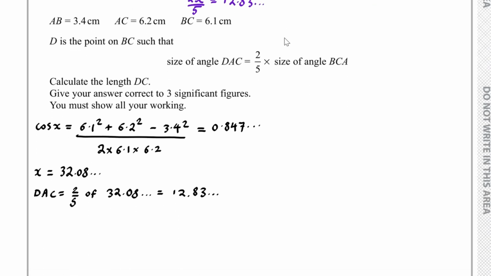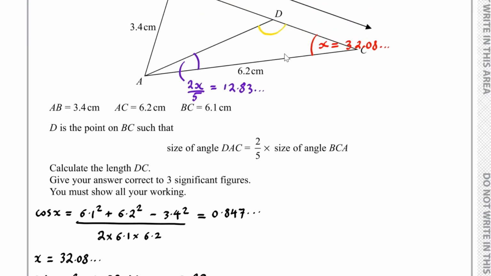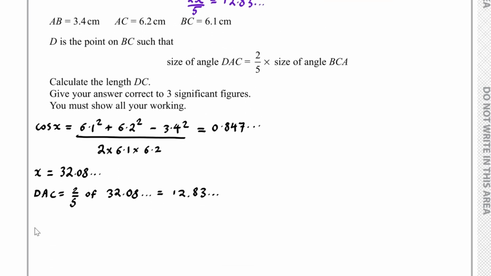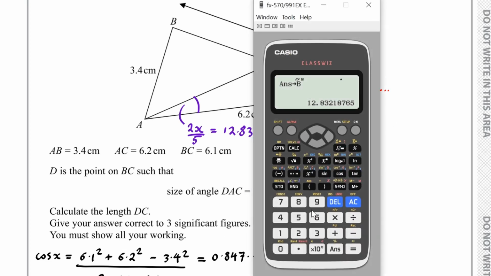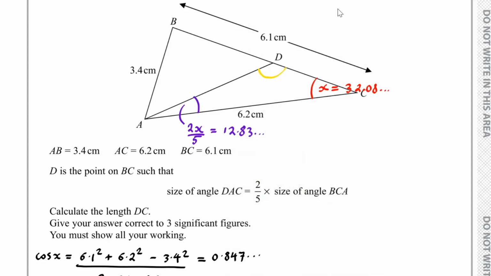So to figure out this angle, the angle ADC, that's going to equal 180 minus this 32.08, etc., minus the 12.83, etc. So we've got 180 take away A, take away B. It turns out we get 135.08.